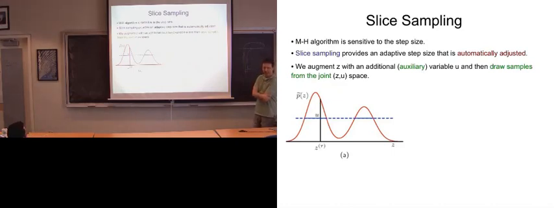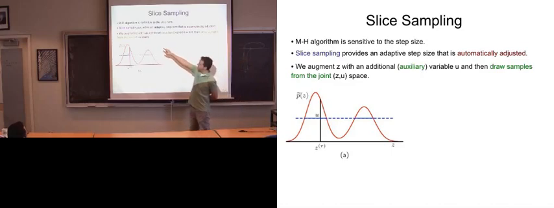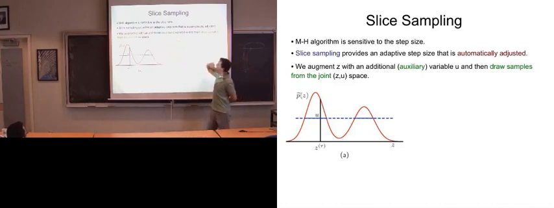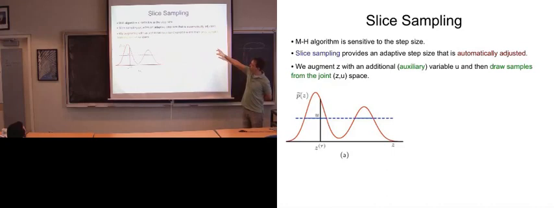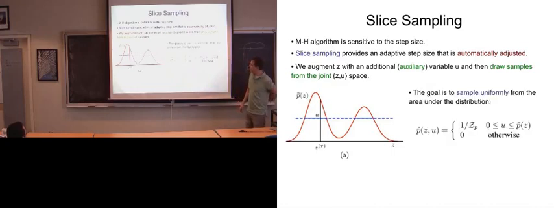It does it in a nice way, but it also uses this idea of introducing auxiliary variables. So what you're doing here is you're augmenting Z with an additional auxiliary variable U, and then you sample from the joint space. Okay? Now, how it's working is the following.